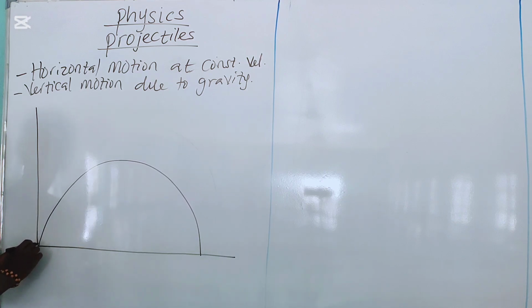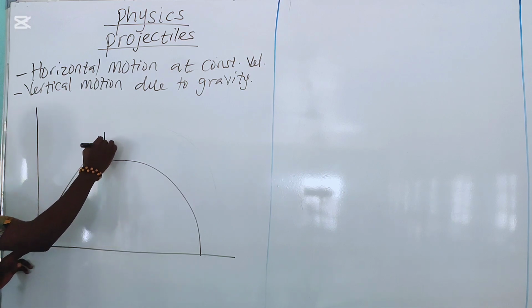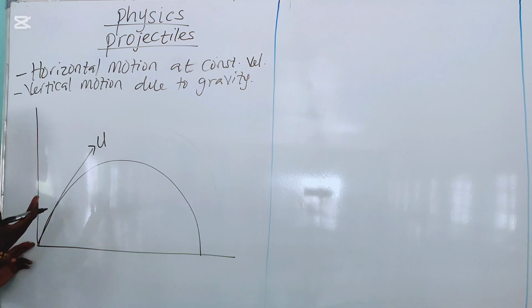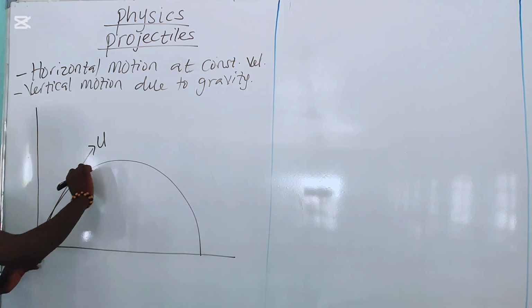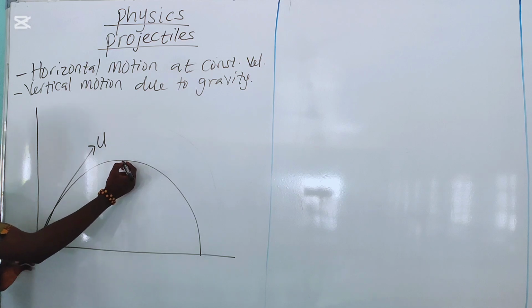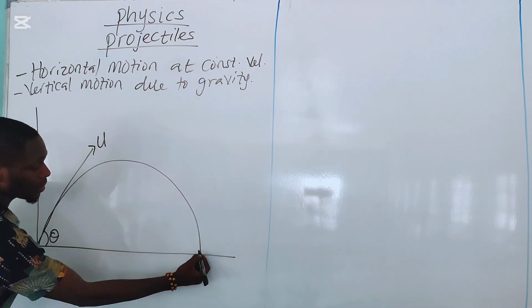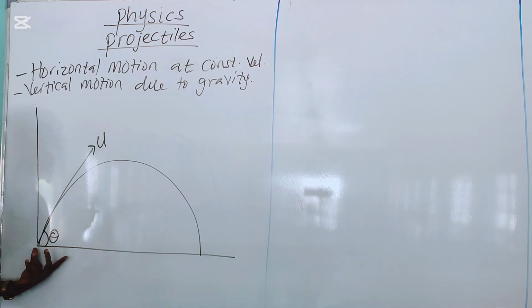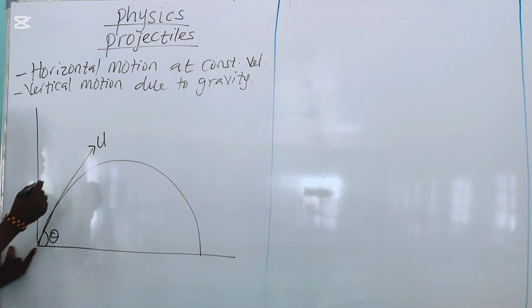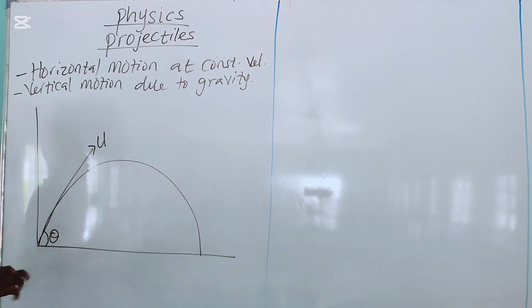The object is projected with an initial velocity u, inclined at an angle theta to the horizontal. The object keeps moving in that curved path, reaches a maximum height, and then starts returning back to the ground.